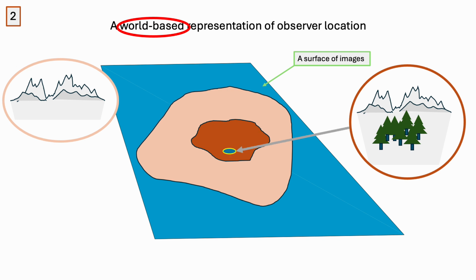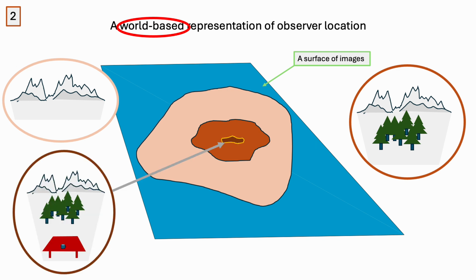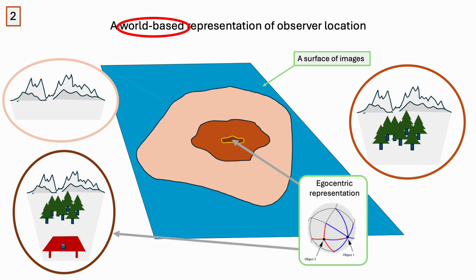So there's a smaller region of images where the angles are essentially, plus or minus some noise, the same. And by the time you get to the picnic table, there's a very tiny region of images that are similar despite you moving your head.